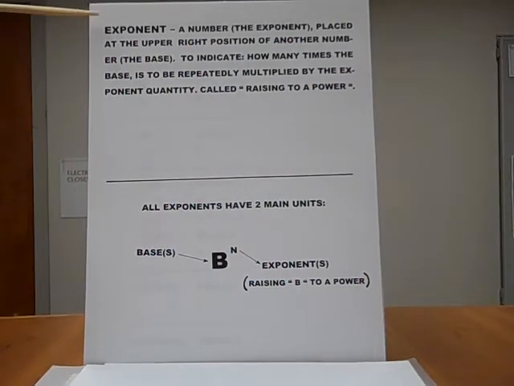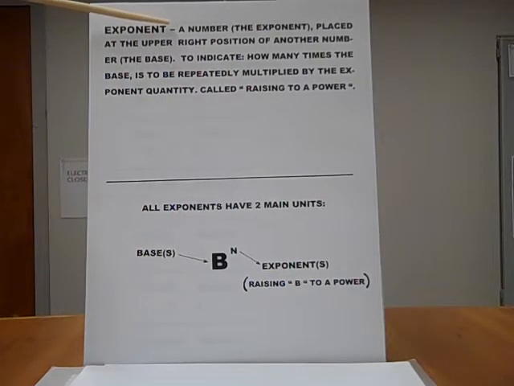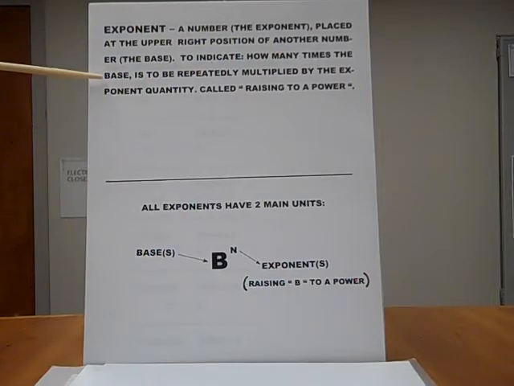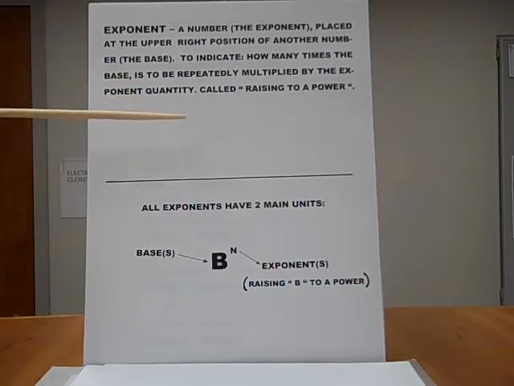Now, the definition of an exponent. A number, the exponent, placed at the upper right position of another number, the base, to indicate how many times the base is to be repeatedly multiplied by the exponent quantity. This is called raising to a power.